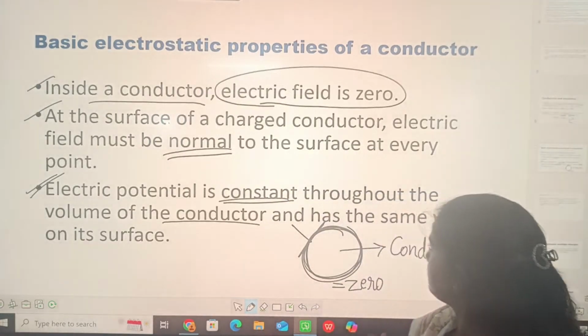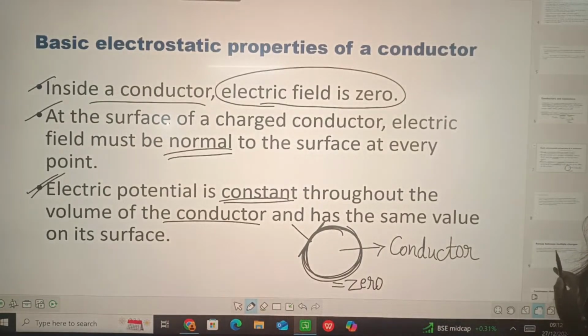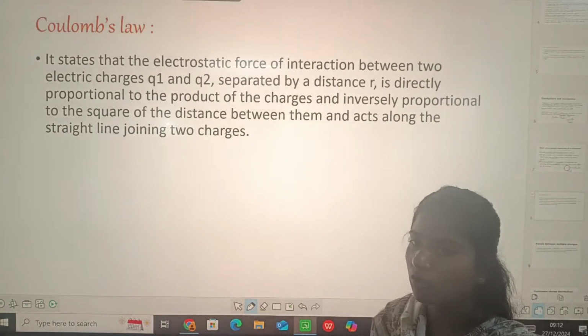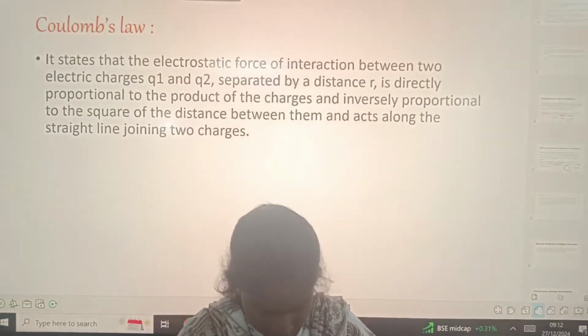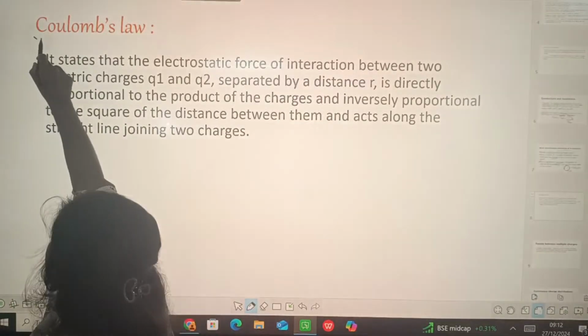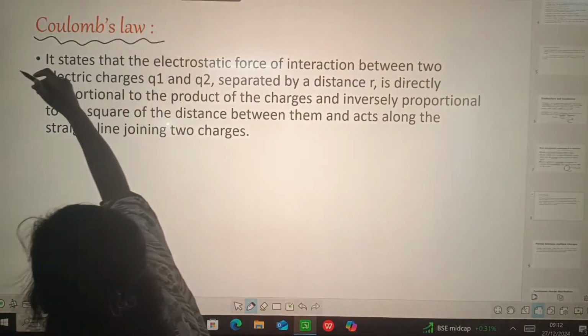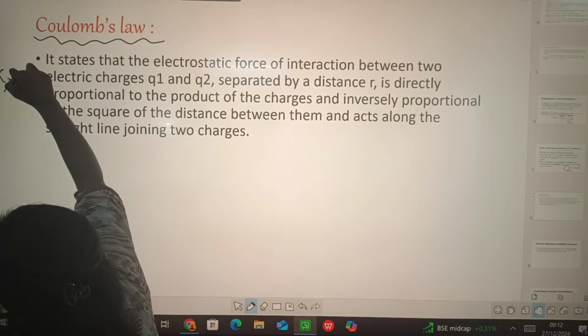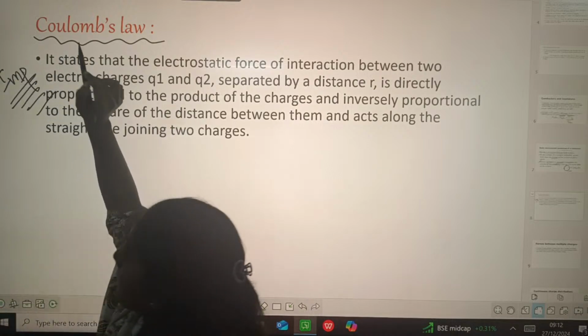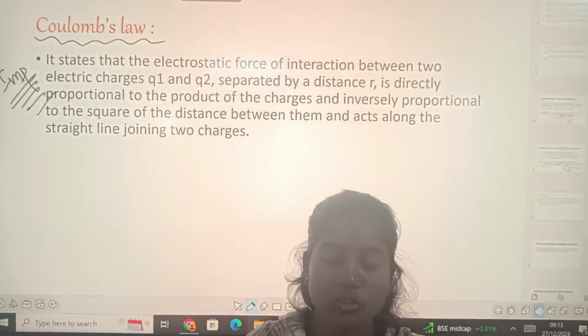Next, we go for a very important thing, that is Coulomb's law. It's a very important thing to learn in physics.